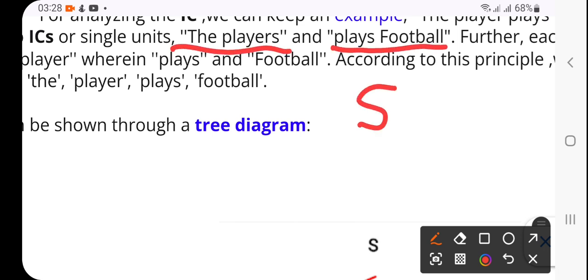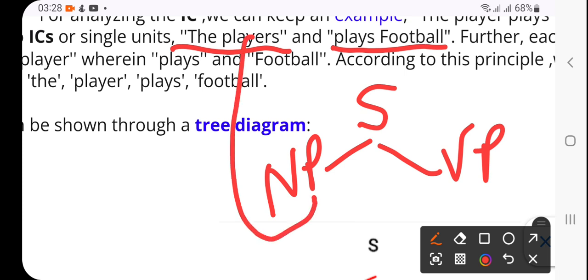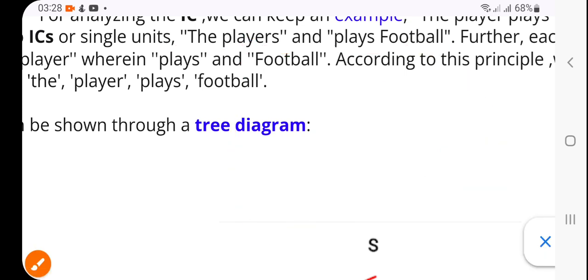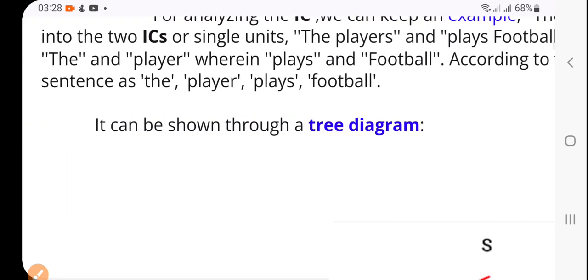First of all, this is the sentence, and this is the noun phrase, this is the verb phrase, the player and plays football. This way. Okay. Now further, each of these parts is divided as the and player, and plays and football.